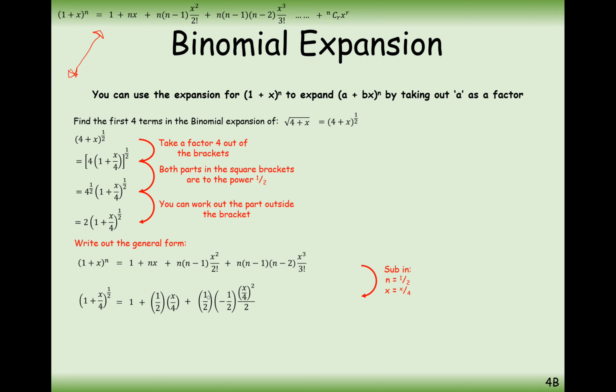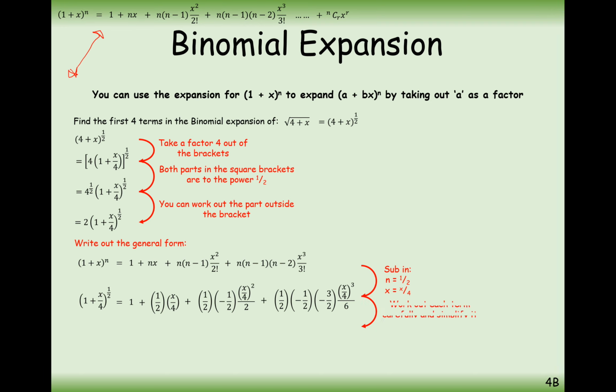It's going to be n minus 1, and then x squared. You're going to square all of the x over 4, so x over 4 squared, and then all of that over 2. We'll do one last term: a half minus 3 over 2, x over 4 cubed, all over 3 factorial, which is 3 times 2 times 1, that's 6.